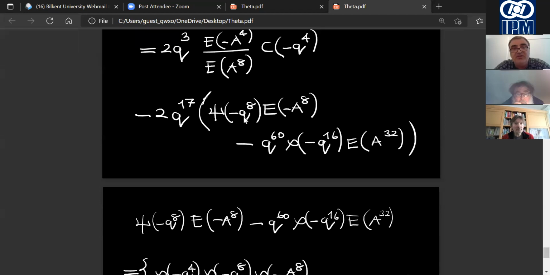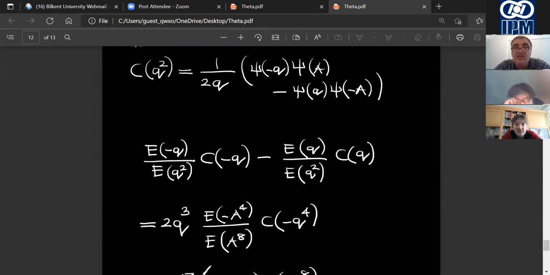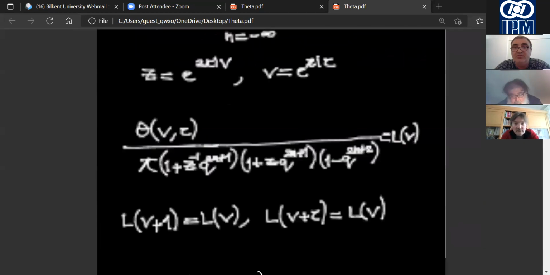Of course, when you have a general identity, you can get many identities like this, not just one. So the beauty with theta function identities is that you don't get a single identity, you get many. And theta function identities are quite useful for manipulations in very simple forms, like this Jacobi triple product identity.